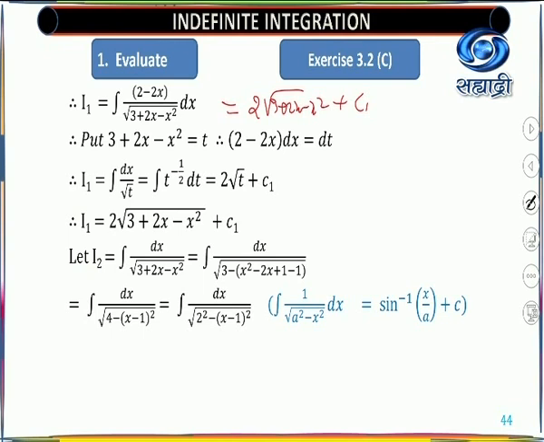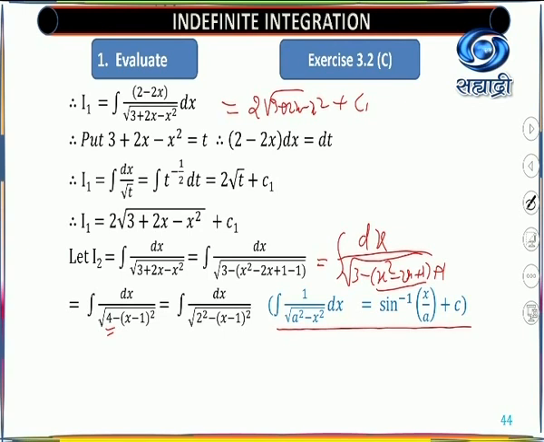So if you take it out of the bracket, minus of minus is plus 1, so you are getting 4 here. And this is a complete square of x minus 1 square. So what you will get? Integral dx upon root of 2 square minus x minus 1 square.